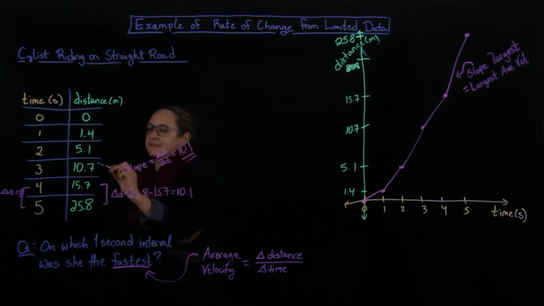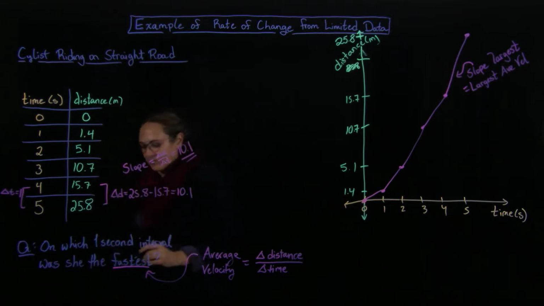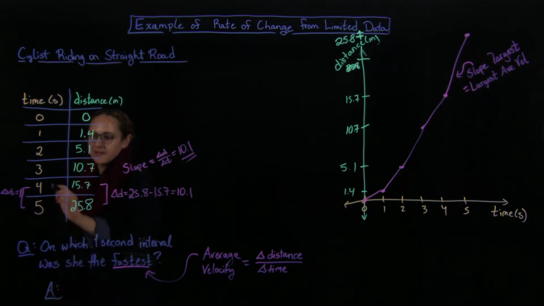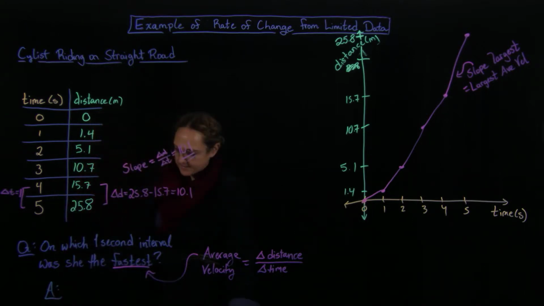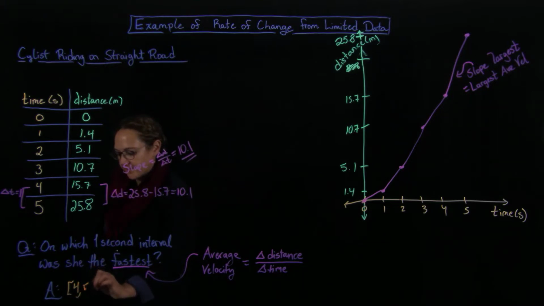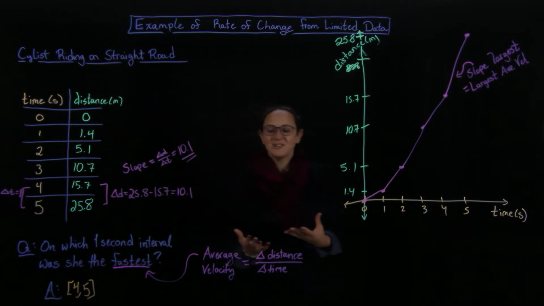You should see that this is close to 5, this is close to 5, this is close to, well, 1.4. So my answer is going to be this interval here, the interval for 5. Okay, so what did I do here?